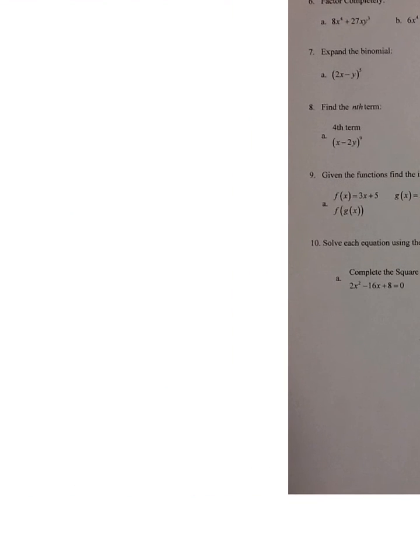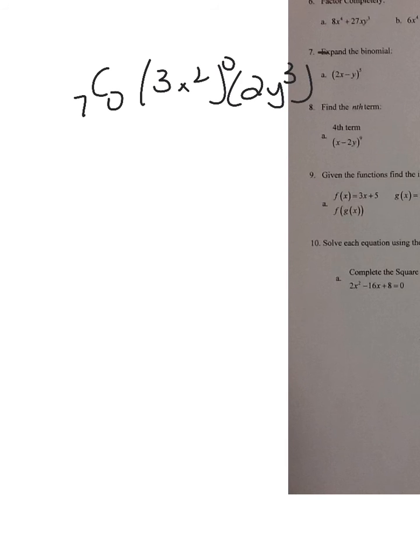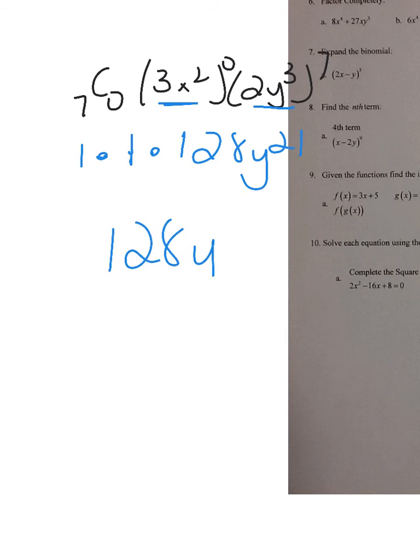So 7C0 is the last term. 3x squared to the 0, and then 2y to the 3rd to the 7th power. So 7C0 is 1. 3x squared to the 0 is 1. 2y to the 3rd to the 7th is 128y to the 21. So it's just 128y to the 21st power.